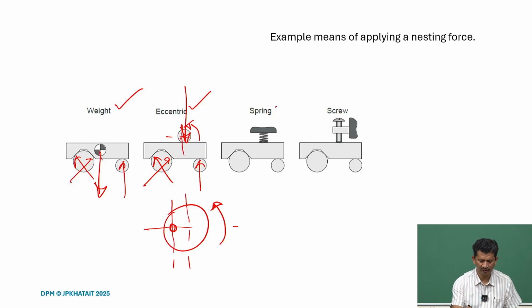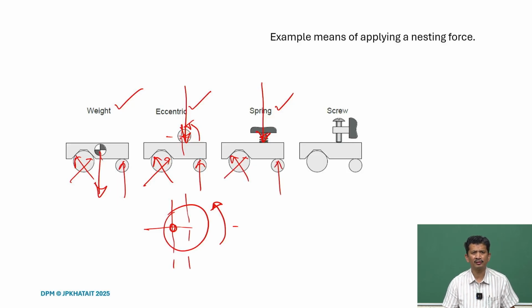Similarly, if we have a spring, so we can use compliant members. So, any kind of springs we can use, and we can press it and we can get the nesting force, and again we can get all the contacts made.